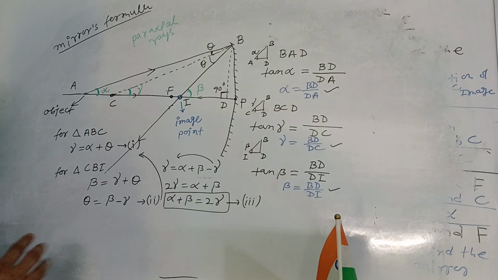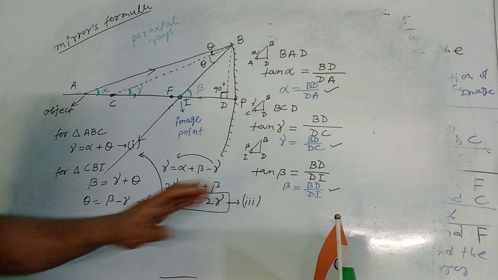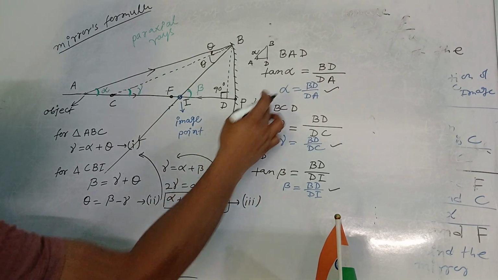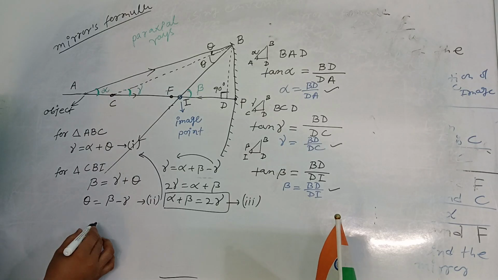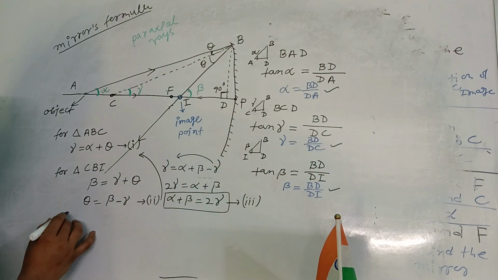So see, alpha plus beta equal to 2 gamma. Now put the value of alpha.